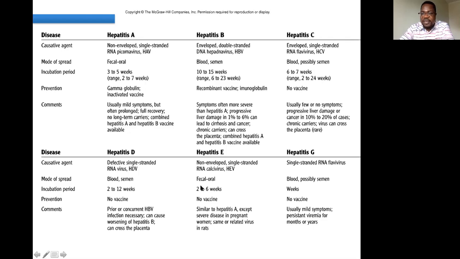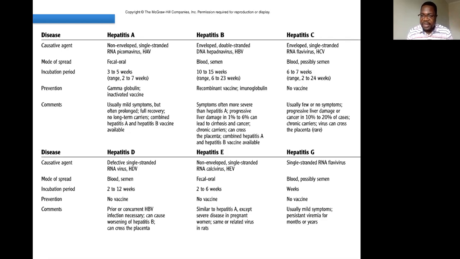But for hepatitis B and C, the incubation period is extremely long, especially for hepatitis B, where it can take 10 to 15 weeks, but the range can be even from 6 to 23 weeks before you develop the infection.